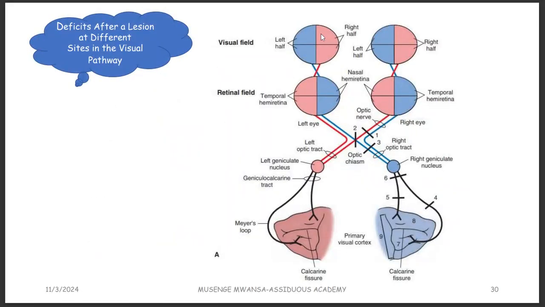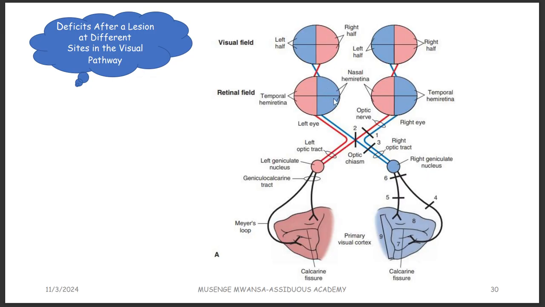All right. So we can see that for the left, we are taking this as the left visual field. It has a right half and a left half. The part that is medial is the nasal visual field.